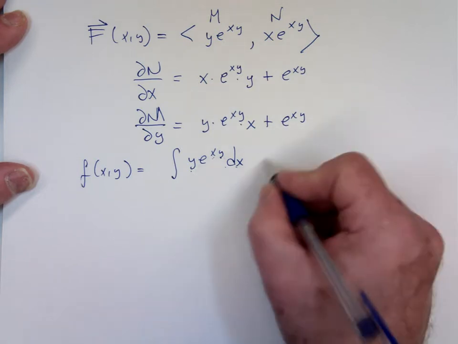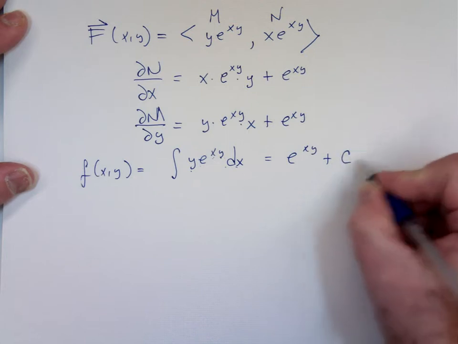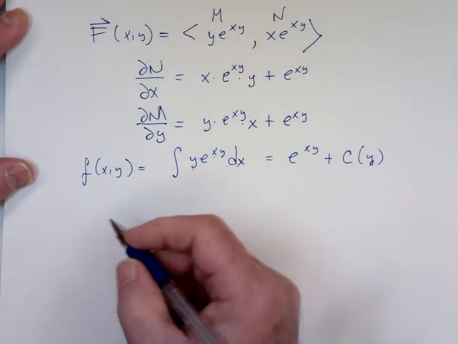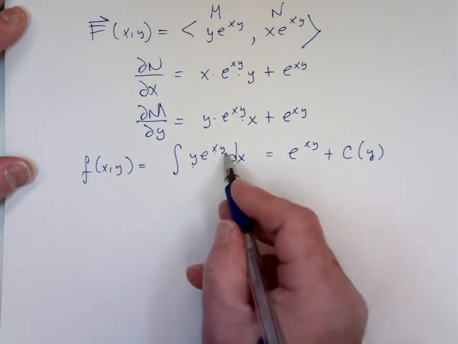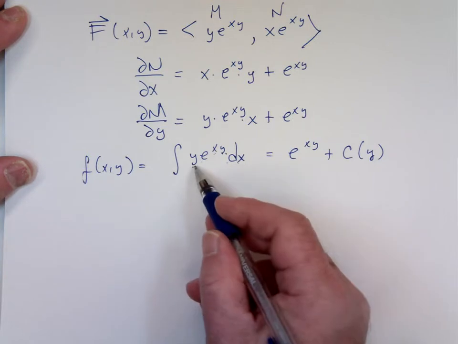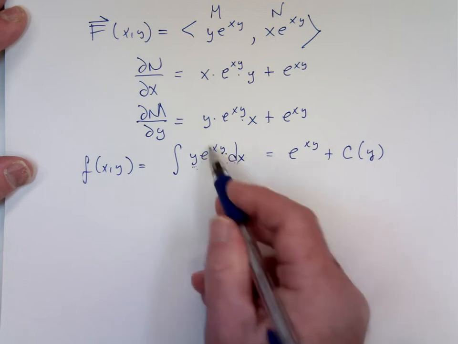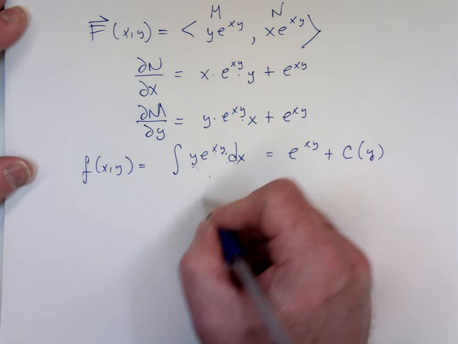You get e to the xy plus a constant, possibly in terms of y. So you integrated in x, so the y just disappears? The y's are constants, the x is the variable. So you bring out the y, right? This y serves as the du because I'm integrating e to the u, right? So the u is the xy. Yes, it is. Exactly right.